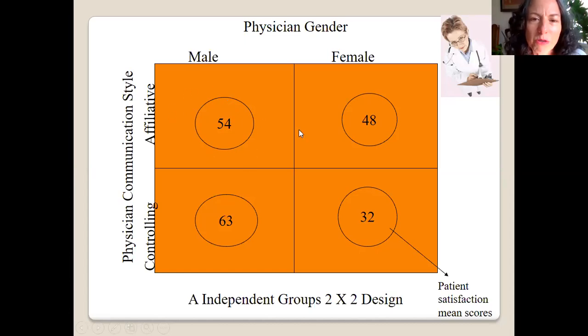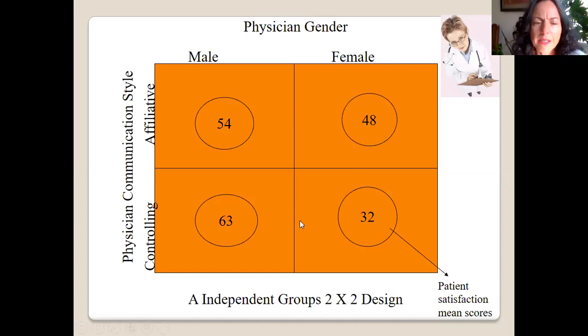This is a whole different group of people than the people who got the female affiliative doctor, they didn't see any other doctors. We didn't want them to know what the study was about. So we only showed them one doctor. And they were randomly assigned to see one of 4 different videos, okay?